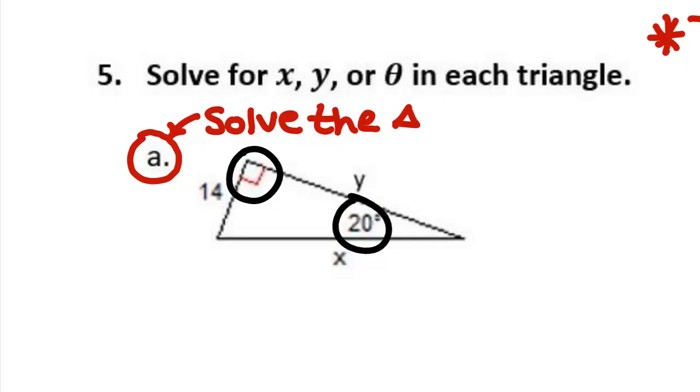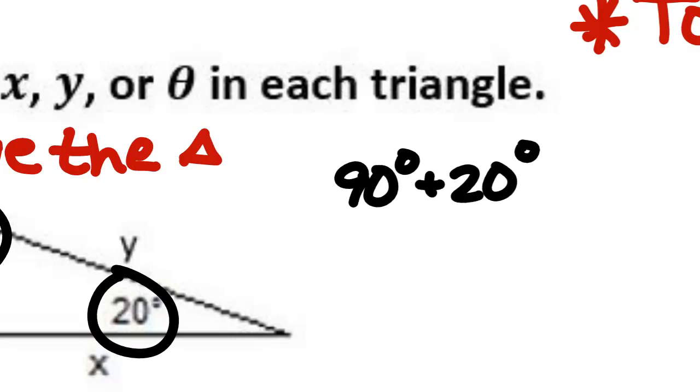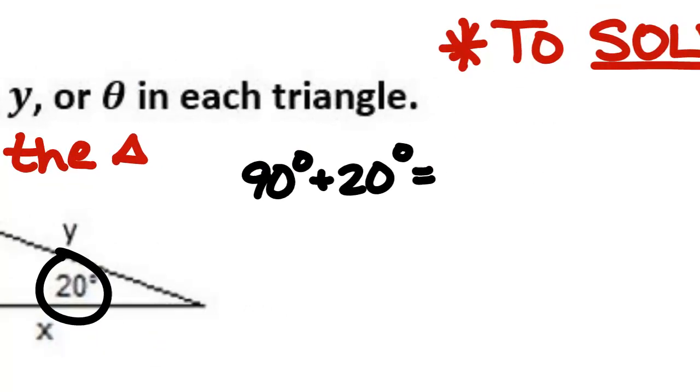Can I use that information to figure out how big this third angle would have to be? How do I do that? Absolutely correct. We're going to add those two together. So I'm going to take the 90-degree angle plus the 20-degree angle. When I add those together, I get how much? Try again.